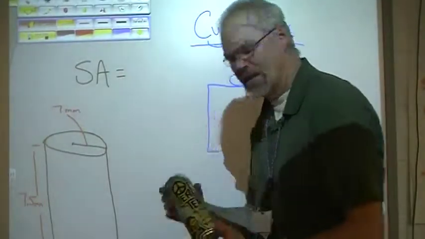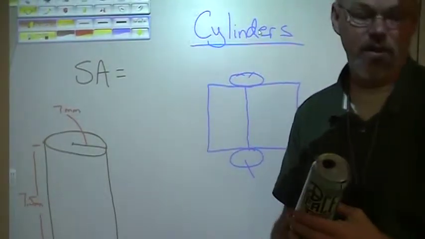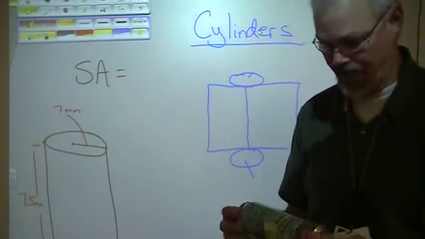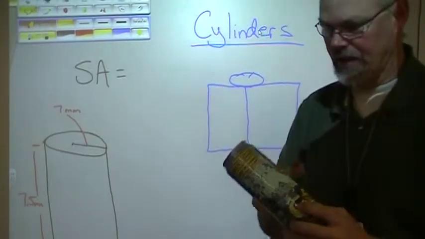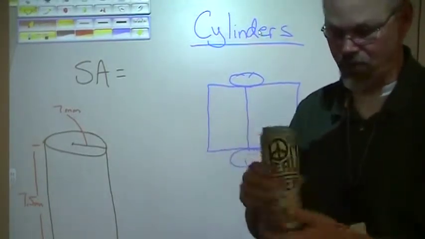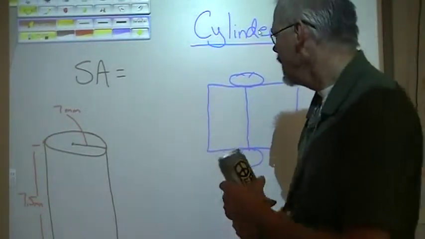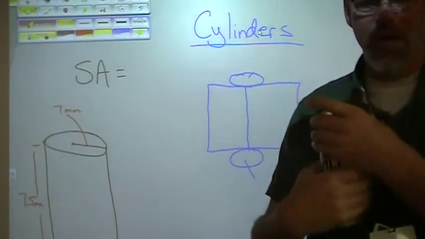Cylinders are easy. It's got a definite shape that we know. It looks like a can, a soup can or something like that. What if we had to put a label all the way around this and on the top? Or what if we needed to know how much metal to make this can? We would want to know how much surface area to cover around this thing.